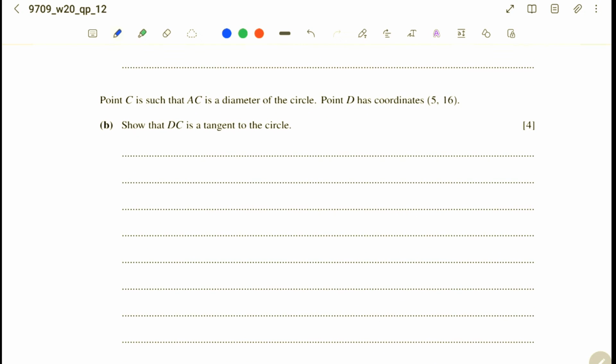Next part of the question is, point C is such that AC is the diameter of the circle. Point D has coordinate (5, 16). Show that DC is a tangent to the circle.